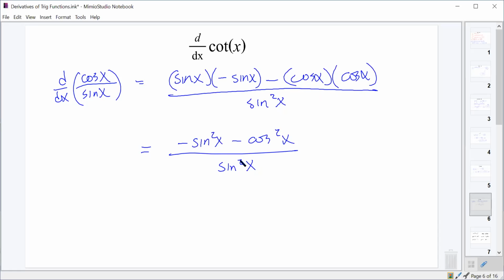And how can I simplify that down? The numerator would be 1. Not quite, because it's got negative 1. So we've got to factor out that negative, which ought to give us a negative 1 in the numerator.